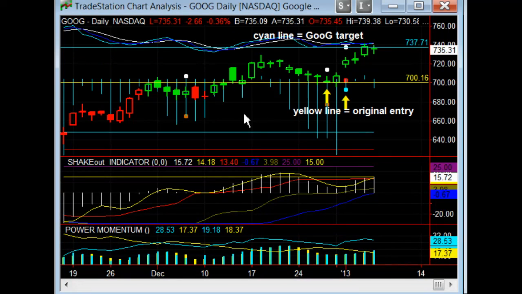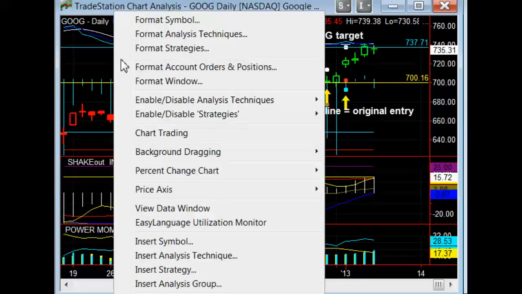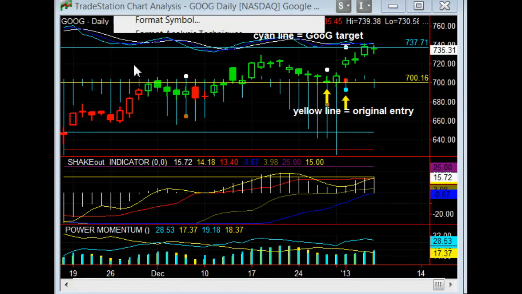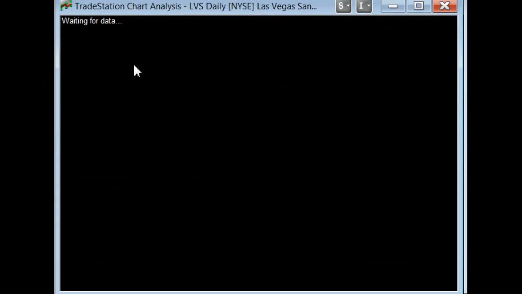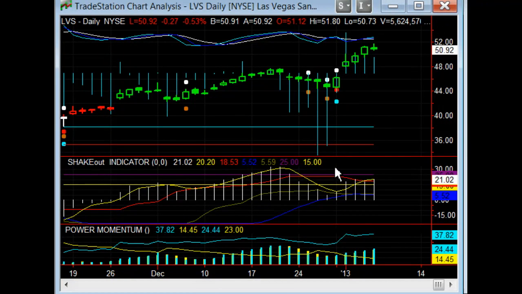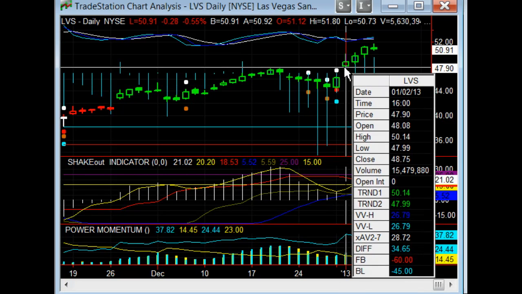Let's just put in any chart here. Here's Google's daily. Let's put on LVS. Oh my goodness, don't you love that? Alright, so with rising positive extremes today, it's time to think about the fat lady singing, or at least prepare for a pretty significant pullback.